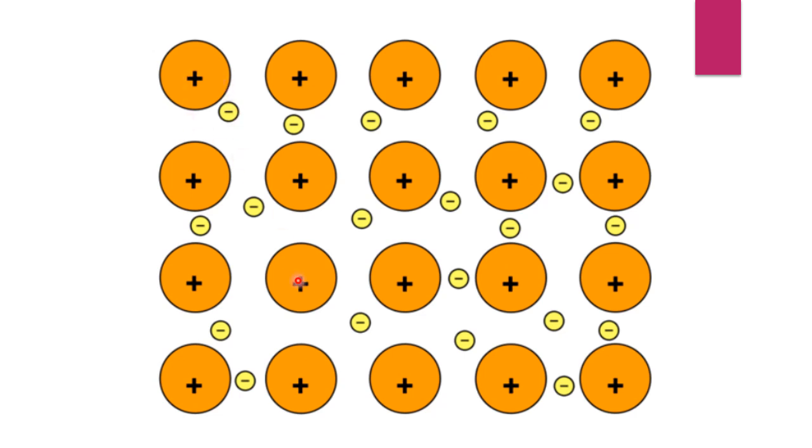These are the metallic atoms, and in the crystals of this metallic bond, here we have the free electrons. They are the free electrons that can move from one place to another. The metallic bond is different from other kinds of bonds.